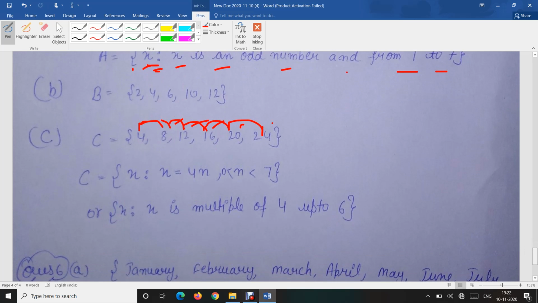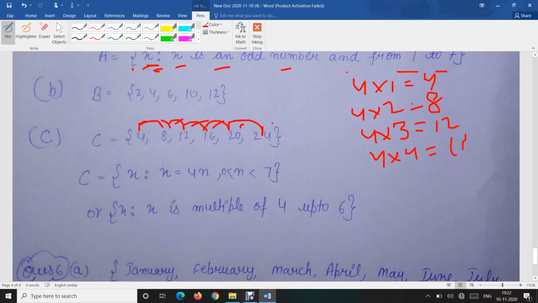That means if we multiply 4 by 1, we get 4. If we multiply 4 by 2, we get 8. 4 by 3, 12. 4 multiplied by 4, 16. 4 multiplied by 5 is 20. 4 multiplied by 6 is equal to 24.